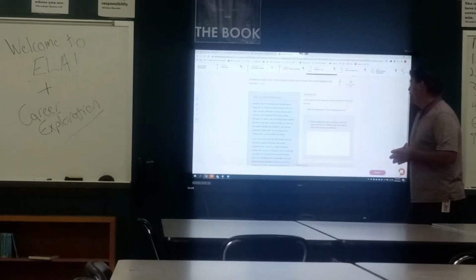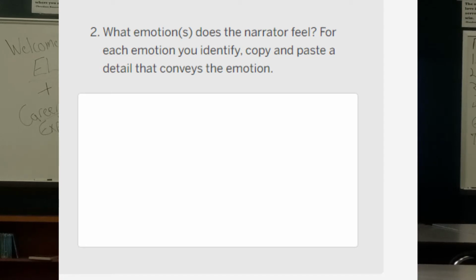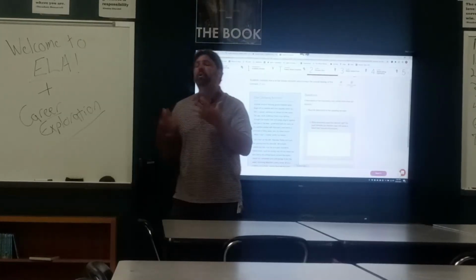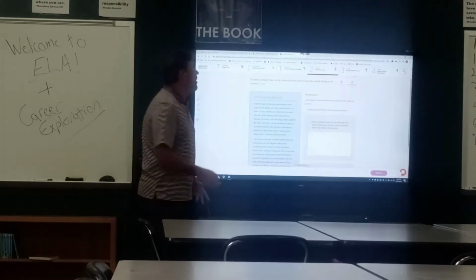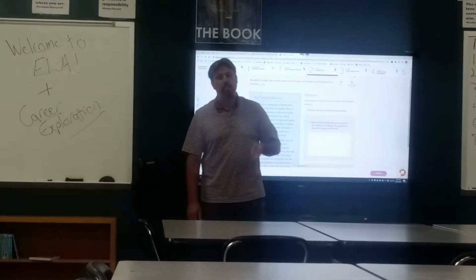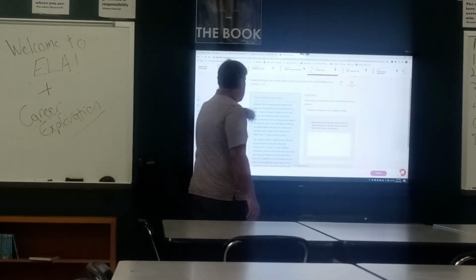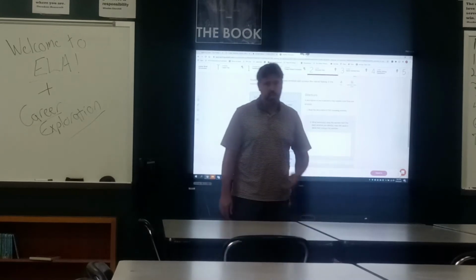First question, what emotion or emotions does the narrator feel? For each emotion, highlight a piece and copy it into here. Pretty easily, we can argue that the author feels frustrated, upset, dismayed, sad, angry, any of those emotions. We can find evidence here to support that theory.